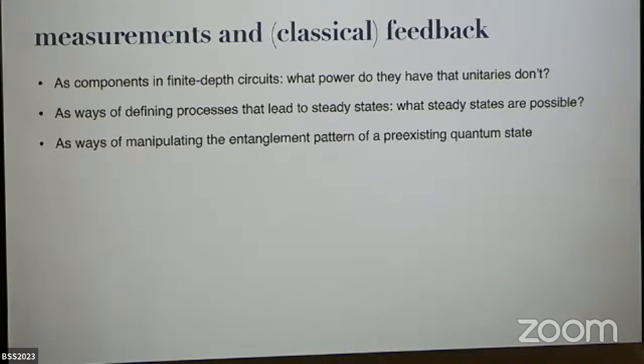And then I guess the third thing is a bit like the first thing. It's that you take a pre-existing quantum state and you measure some of it out, and then you do something based on those measurements. And so, what kinds of places can you end up when you do that? Okay, so those are the questions I'm going to ask.